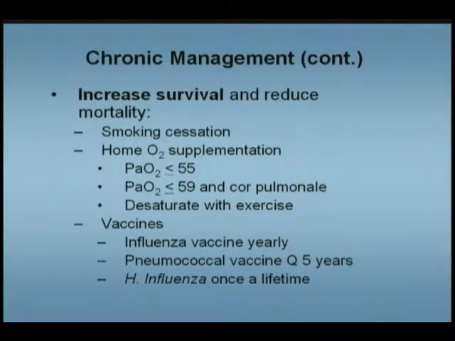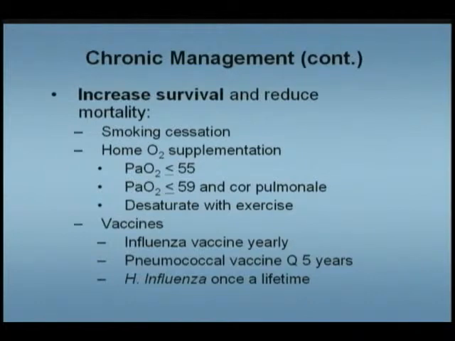So what things then increase survival? This is a big deal. What increases survival? Well, if bronchodilators don't and theophylline doesn't, what does? There are only two things, basically. Smoking cessation is number one. If you stop smoking, that's the most important thing in survival in these patients.